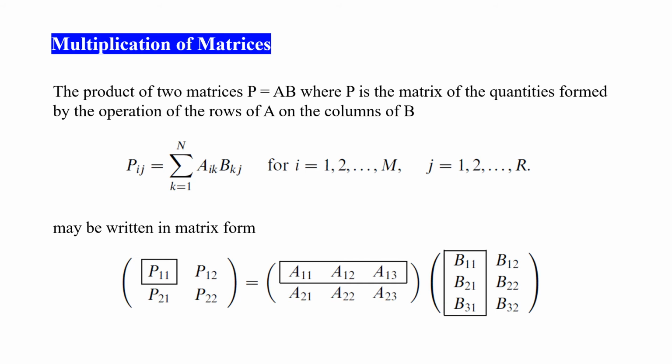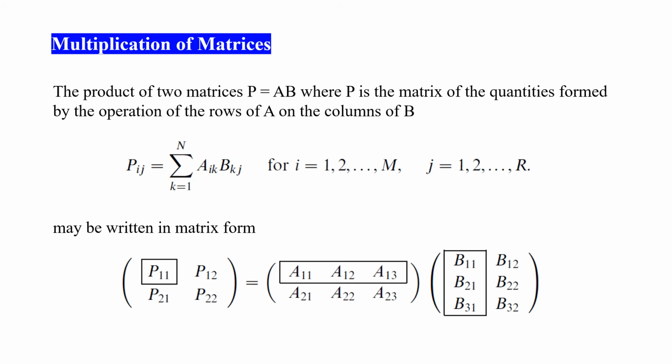And take note of this one here, you have your k. If you see those k's there, what we mean by that is that you can only multiply matrices if the column number of your first matrix is equal to the row number of your second matrix.